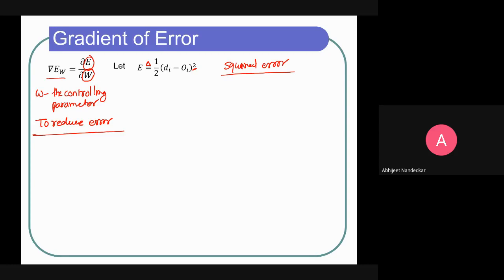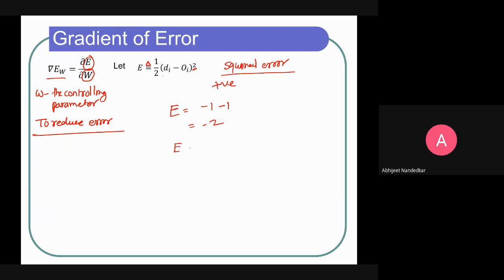The reason is that we will always get a positive difference. Sometimes your desired response is, say, -1 and you are obtaining +1, then d minus o is equal to -2.